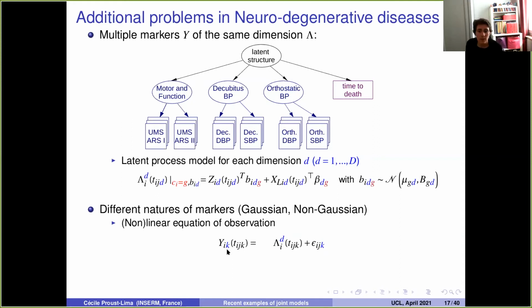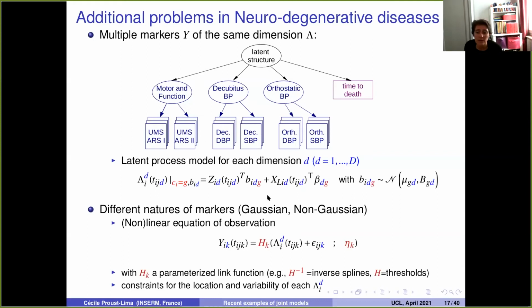But if we have multiple biomarkers, then those biomarkers are maybe in different scales. And so we need to take that into account. And they might have different distributions. So to do that, we add to this equation an observation transformation, a parameterized transformation, which will take into account the fact that those scales are different from one biomarker to the other, with H, the link function, which is based on parameters.